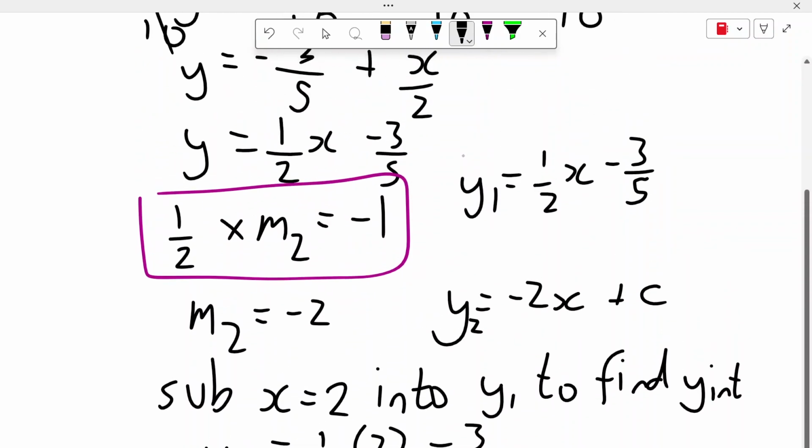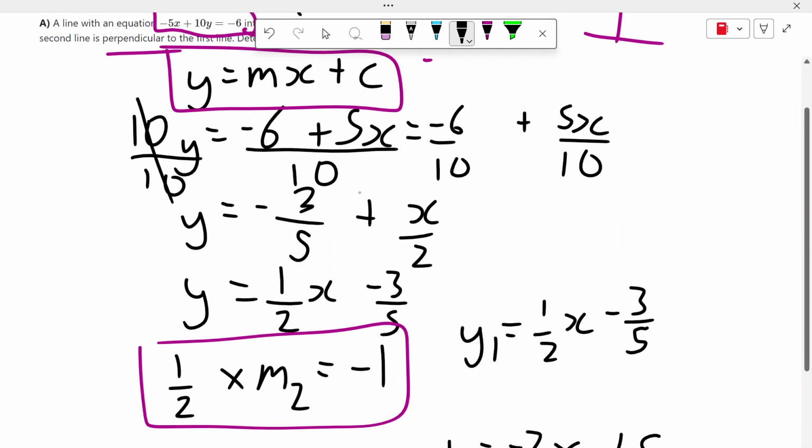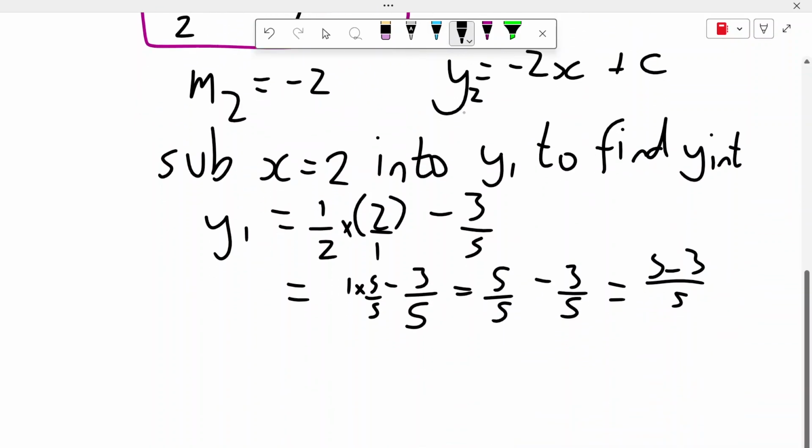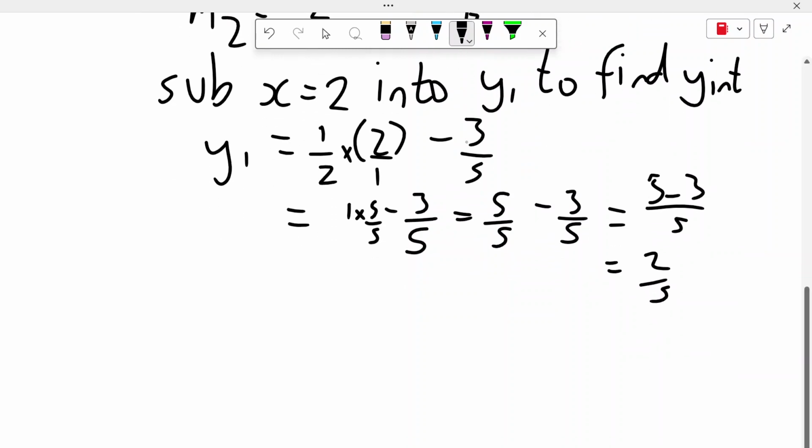Earlier, we said that we could split it along this plus line. We're going to do the reverse of that. So it becomes 5 minus 3 on 5, and that becomes 2 on 5. So therefore we have our intersection point at 2 and 2 on 5.